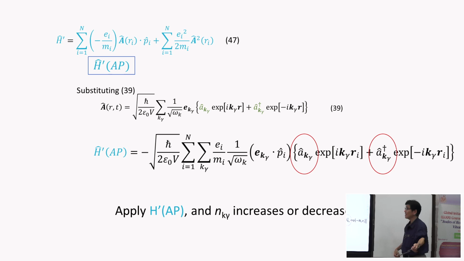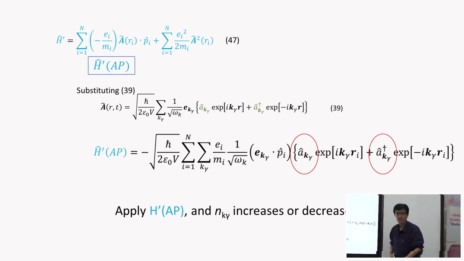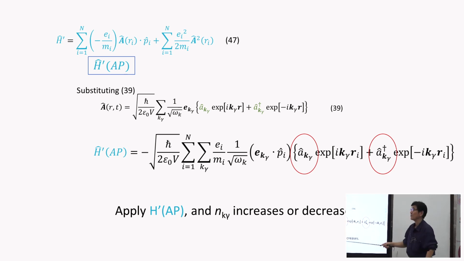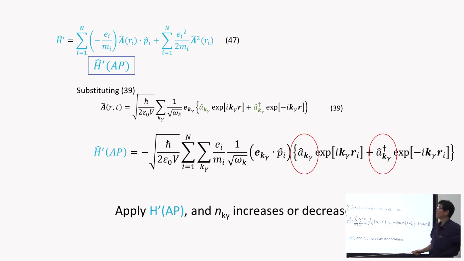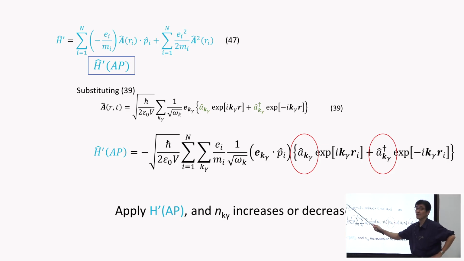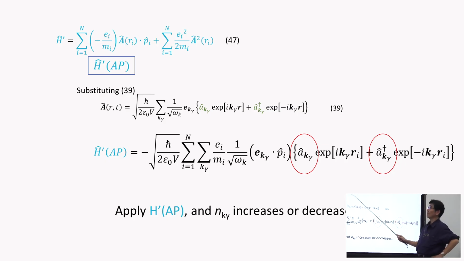For that purpose, we should consider what is the expression of interaction Hamiltonian a little bit more. So yesterday I showed that the interaction Hamiltonian mainly consists of two parts, including A·P and A square.